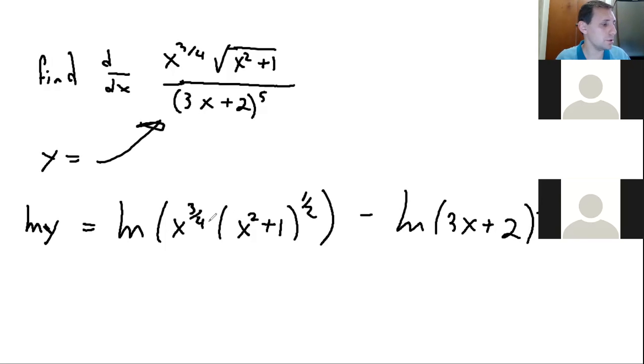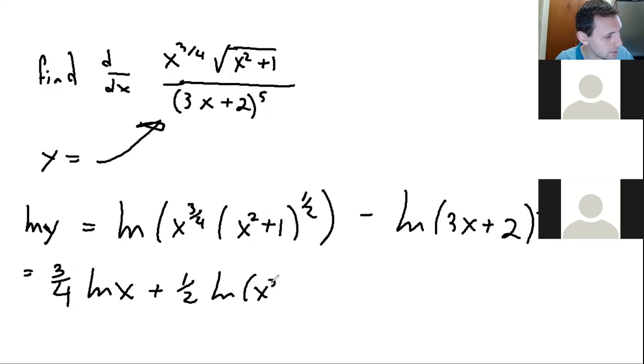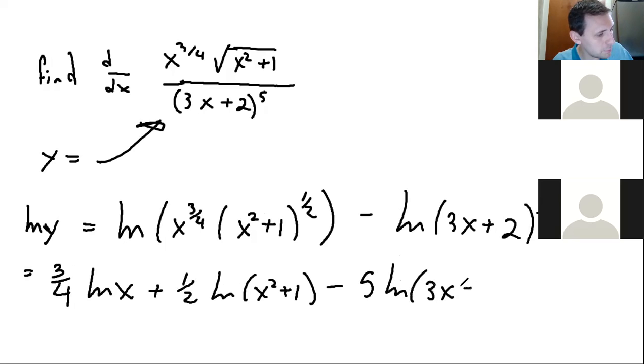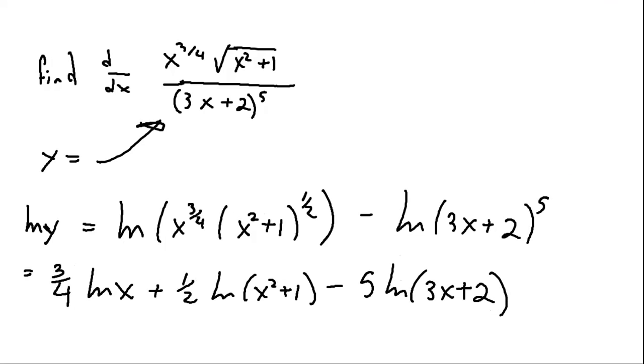Now this is a product, so that would be ln of this plus ln of that, and then I can drop the 3/4. So it will be 3/4 ln x plus 1/2 ln x squared plus 1 minus 5 ln of 3x plus 2. Are you with me? Great.